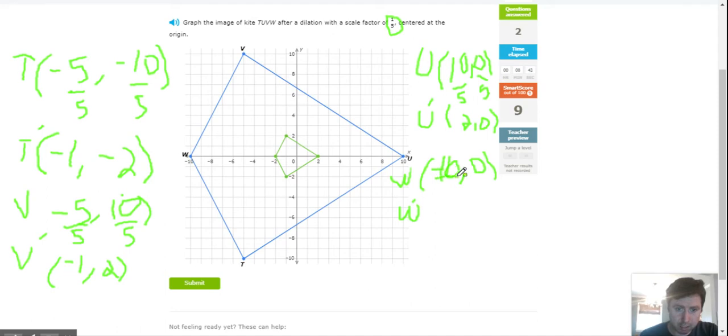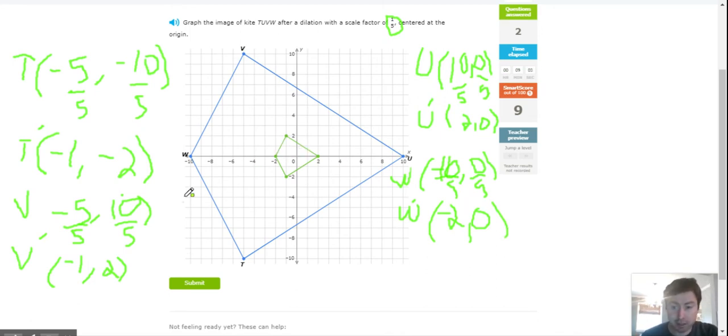So we're going to do -10 divided by 5, which is -2, and then 0 divided by 5, which is 0. So -2, 0. Guess what? There it is, -2, 0.